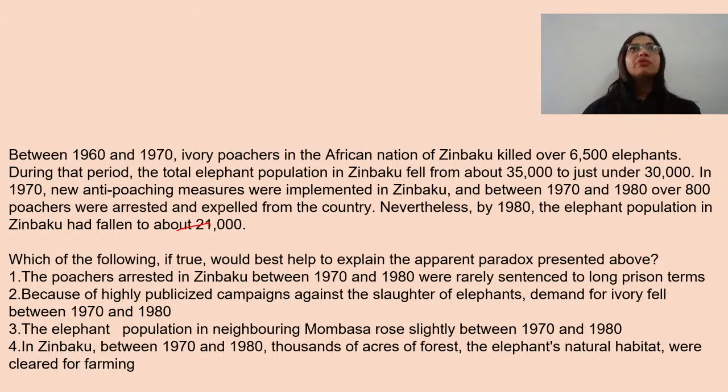So the paradox is that even after a lot of poachers being caught and a lot of rules in place, the elephant population fell further. So if I talk of 2, it is talking about demand for ivory falling. So I can't say this. Not sure. Maybe they want to say that between 1970 to 80, the demand for ivory fell, so the poaching was less. But going further, the poaching again caught its pace.